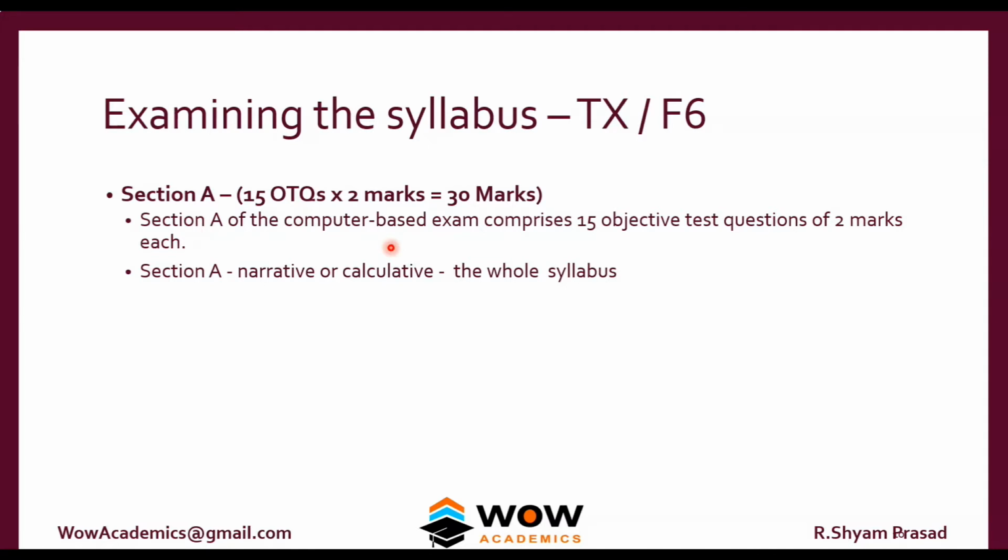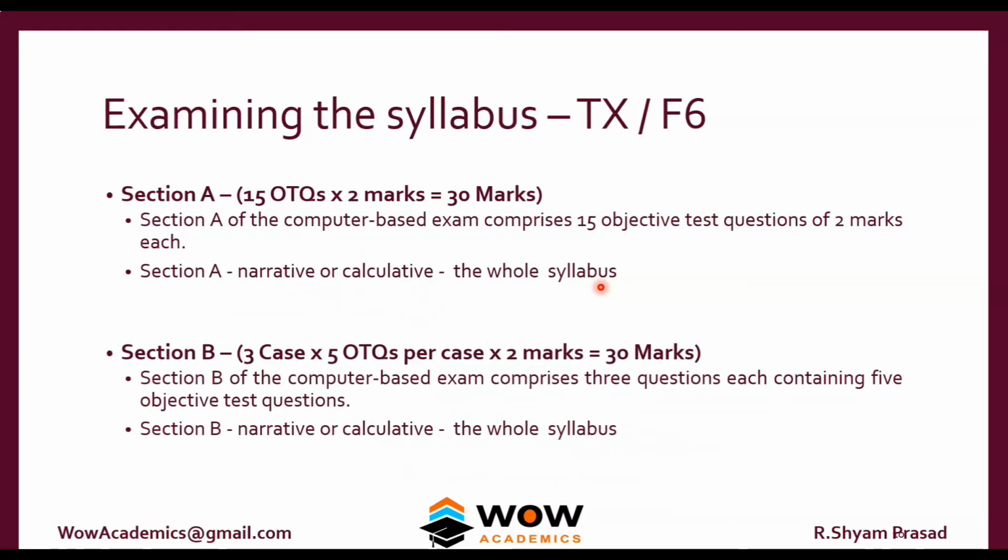Section A will have 15 questions, and these questions are going to be narrative and calculative kinds of questions. So theory and problem questions can be asked, and it will examine the whole syllabus. In terms of section B, it's going to be 3 cases. In each case, you will have 5 OTQs, and each OTQ will carry 2 marks.